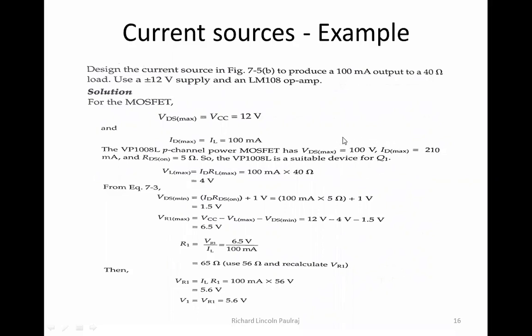Whenever I'm giving you problems, I would mention these standard values so that it becomes easy for you to solve. So VDS max we are using 100 volts, ID max is about 210 when I'm using a power MOSFET, and RDS, the resistance between drain and source in the on condition, is 5 ohms.